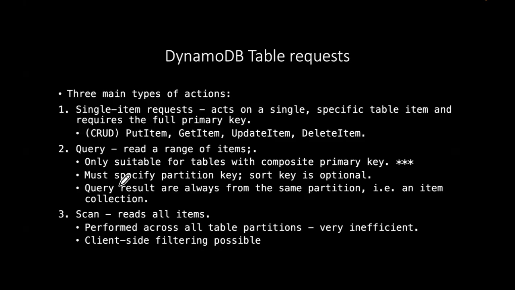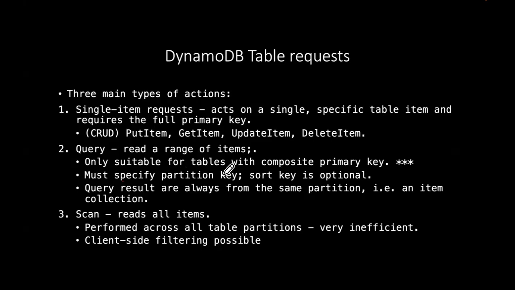Query results are always from one partition because of this restriction here. It really means that the result for a query will always come from one partition within your overall table set of partitions, because the query is specifying the exact value for the partition key.